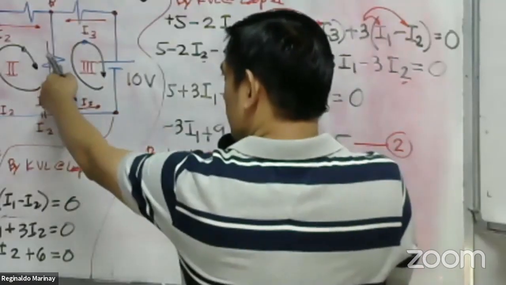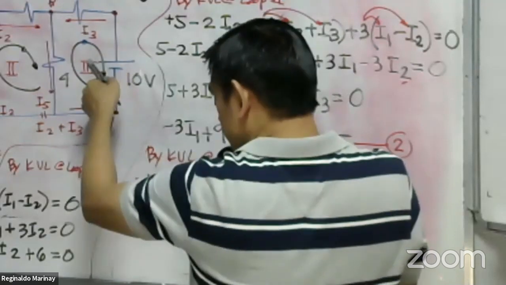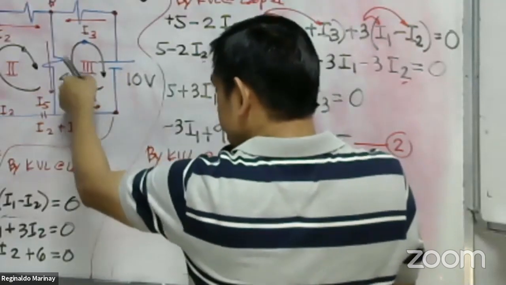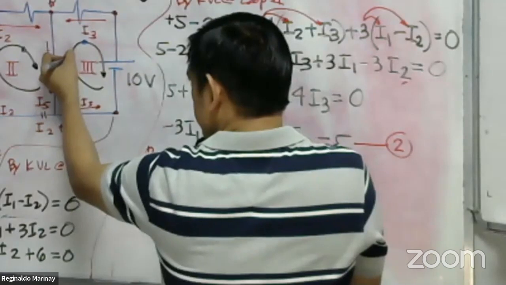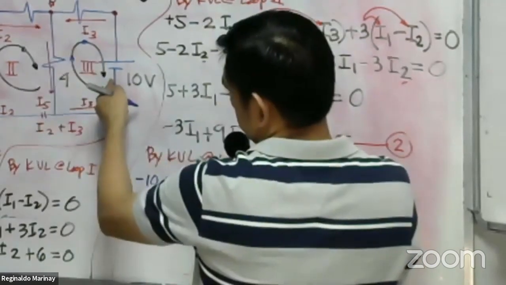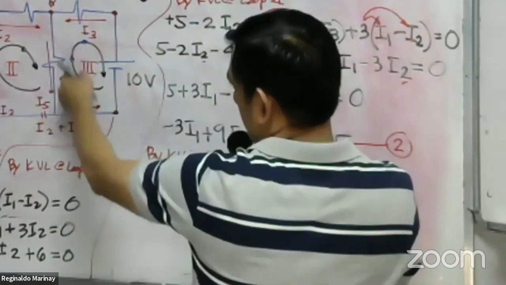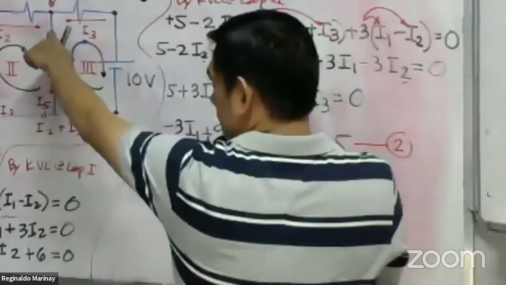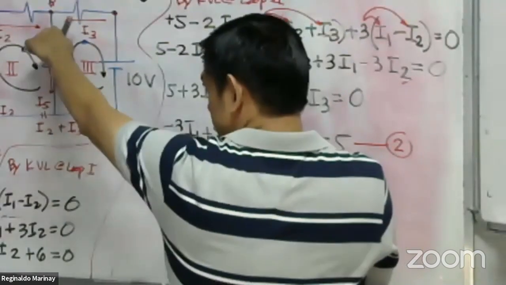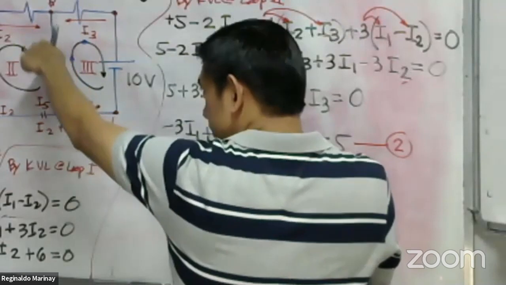What about in the 4-ohm resistor here? The tracing is going upward. Upward. The tracing is upward. But the current is downward. Upward, and this is downward.